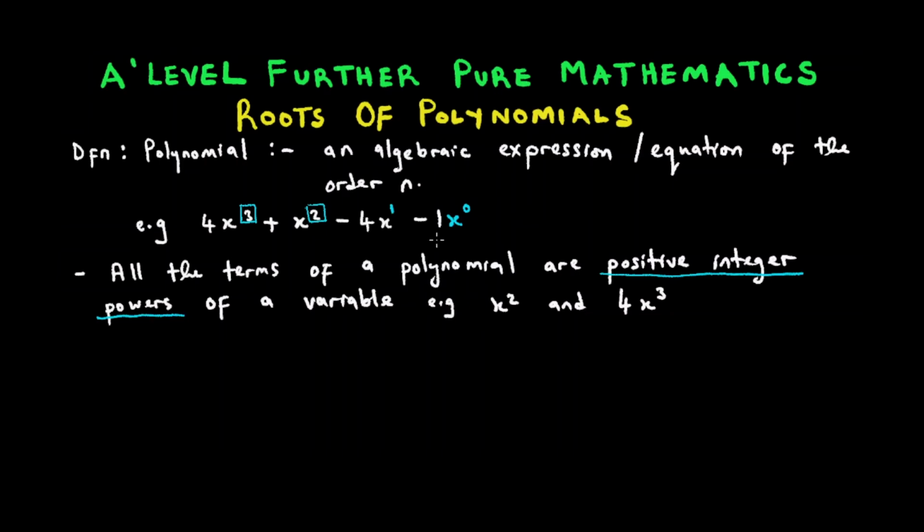So if we say minus 1 times x to the power 0, that is the same as saying minus 1 times 1, which gives us minus 1. By multiplying this constant with x to the power 0, we do not change the value of that constant. So these are the powers we have: 3, 2, 1, and 0.